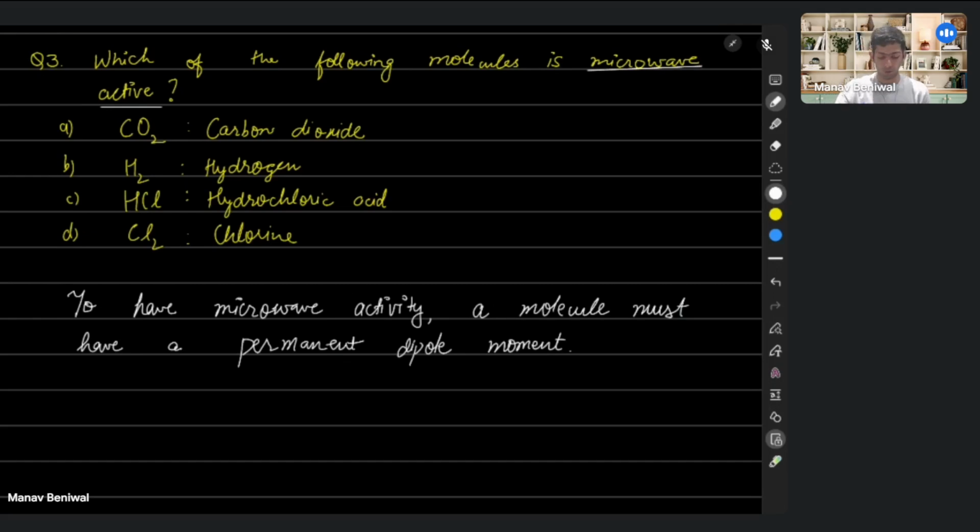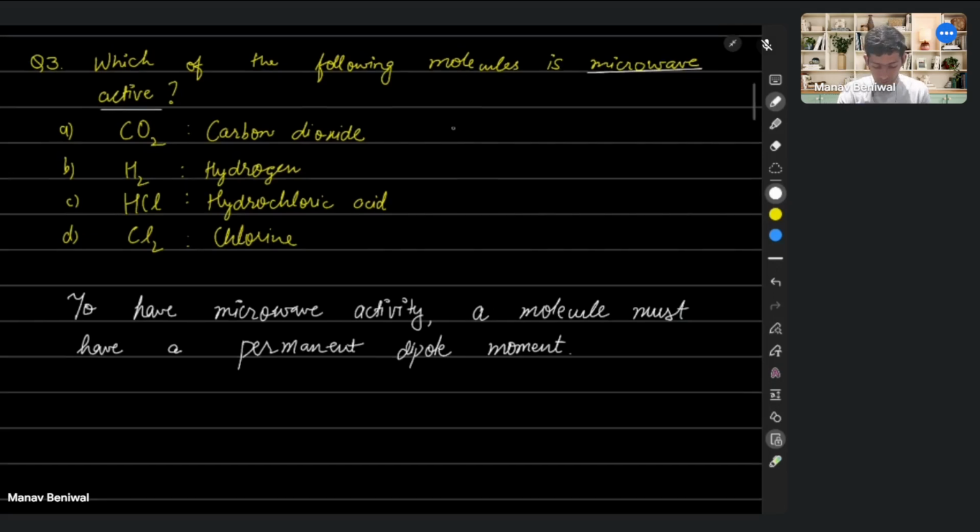So for CO2, we have one oxygen here, then we have carbon, and then we have another oxygen here, and they are bonded like this. Because this is symmetric about its center, the total charge distributed about the center is symmetric, so no net dipole.